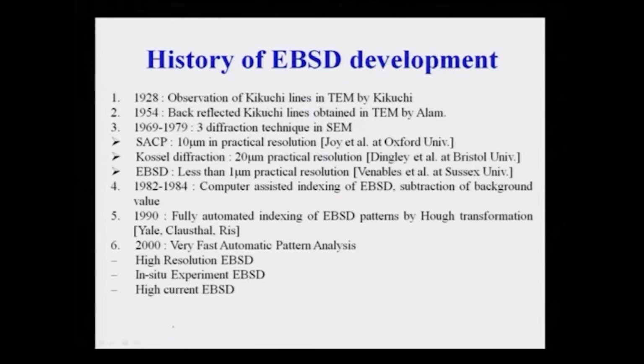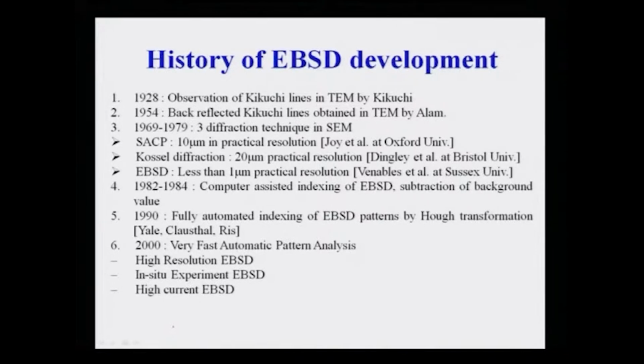EBSD has a long history, as we see in papers about 90 years back. In 1928, Kikuchi from Japan first observed Kikuchi patterns or Kikuchi lines. Although it has been reported that he did not observe them, he postulated the possibility of formation of Kikuchi lines in electron diffraction patterns.